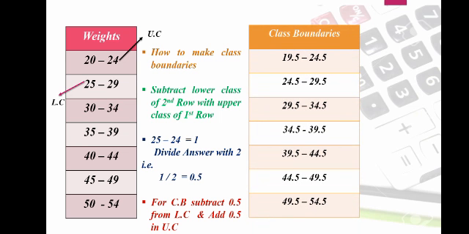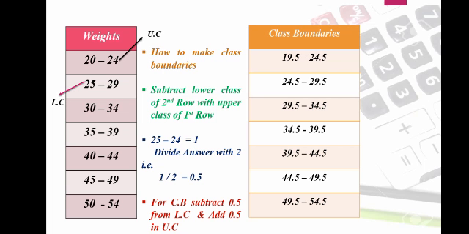So here the lower class is 24.5 and the upper class is 29.5. For the next rows we follow the same rule: subtract 0.5 from the lower class and add 0.5 to the upper class, and the classes become 29.5 to 34.5, 34.5 to 39.5, 39.5 to 44.5, 44.5 to 49.5 and 49.5 to 54.5.